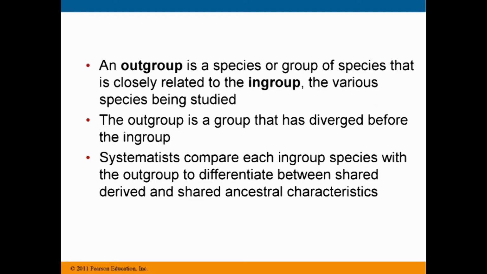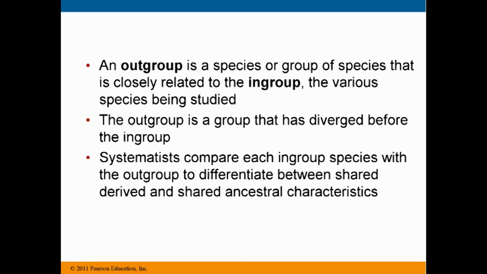Okay, the outgroup is a species or a group of species that's closely related to the in-group, which is the species that are being studied. So our outgroup in this case was our basal species. So it diverged before that in-group came about. So we include the out-group to have something to compare to, okay?